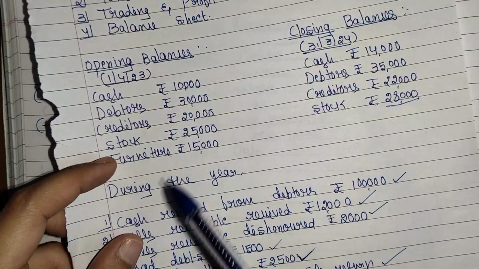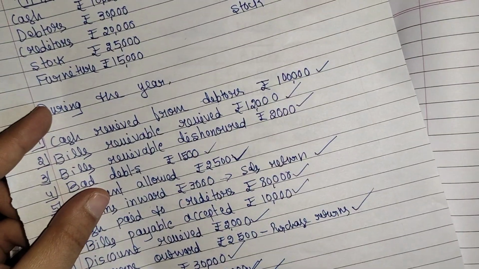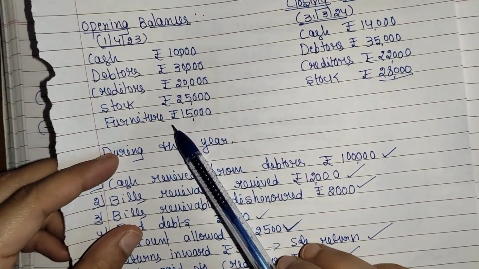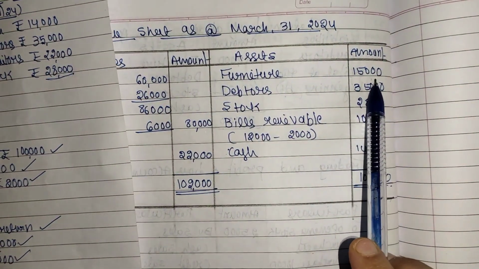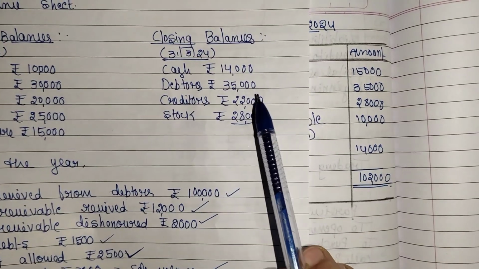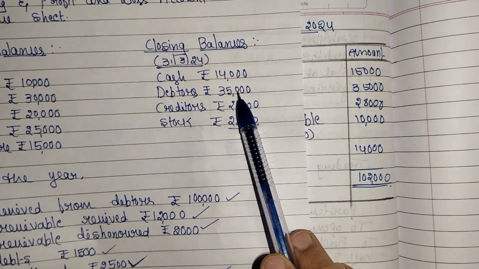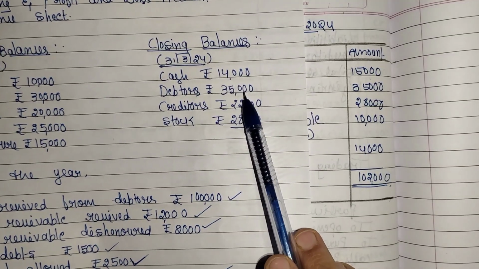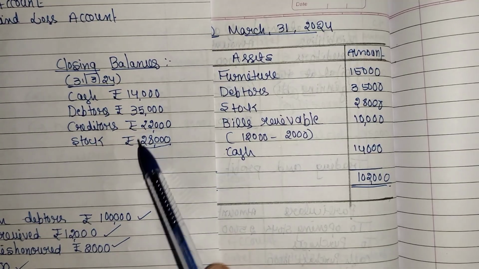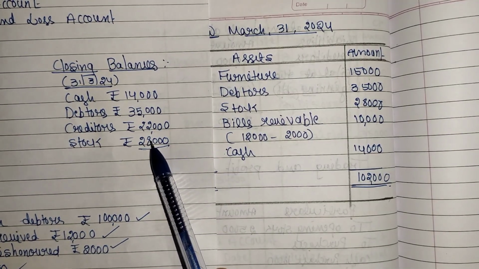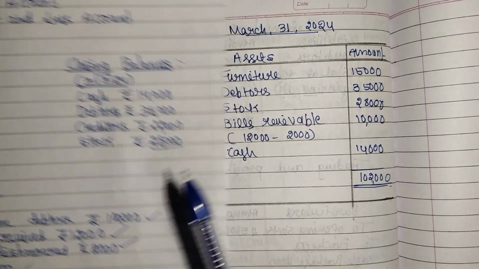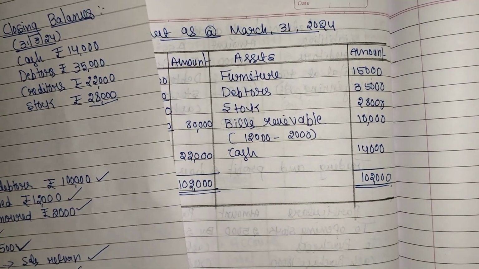Here furniture. There is no depreciation provided, as no such information is given in the problem, right? Directly write down furniture 15,000, fixed assets. Debtors, how much? You have to see the closing balances, be very careful. That is rupees 35,000, and stock 28,000, cash 14,000, and bills receivable.